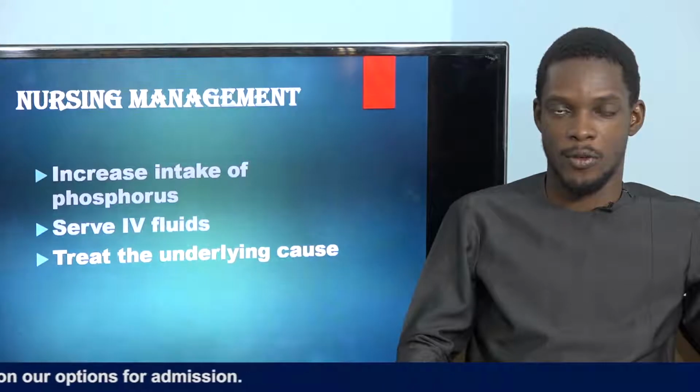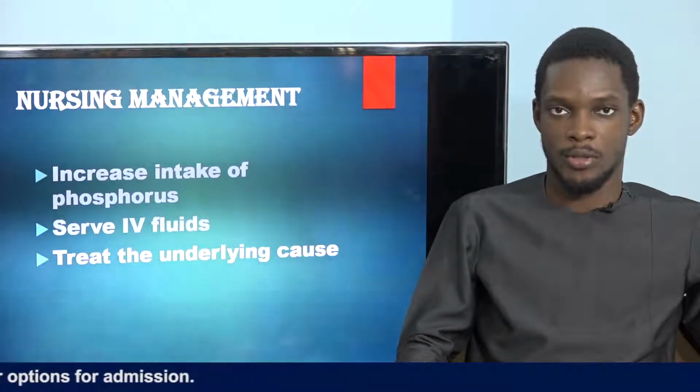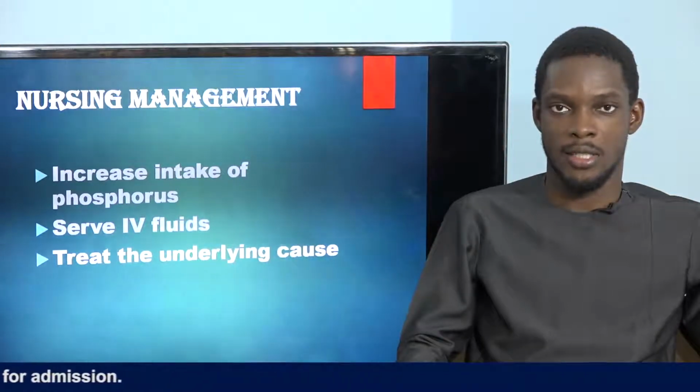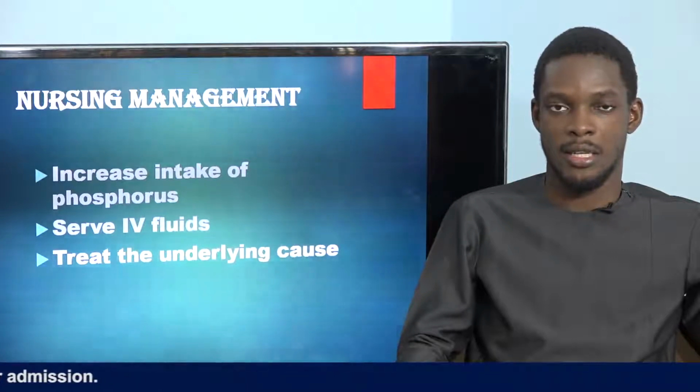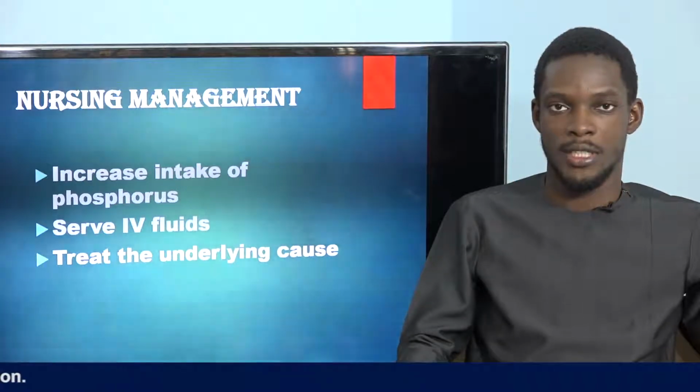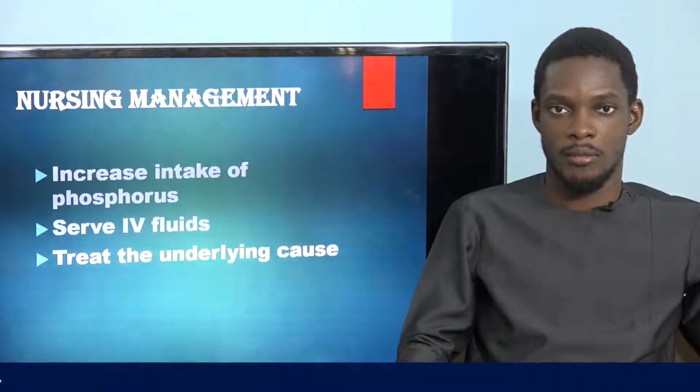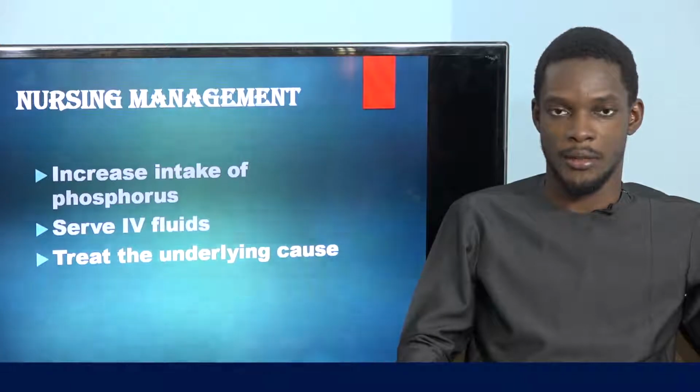Serving IV fluids would ensure that the patient's urine output is increased, sweat output is increased, and salivation is increased, and hence excess electrolytes may be decreased through these avenues of excretion. And treating the underlying cause may also be essential in the management of hypercalcemia.